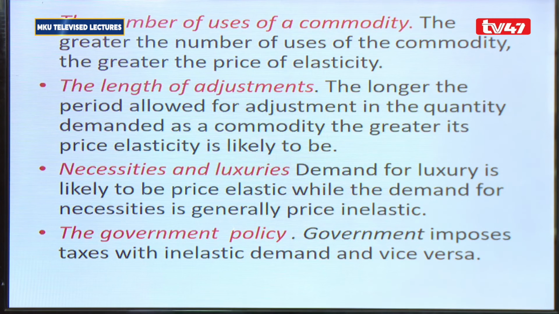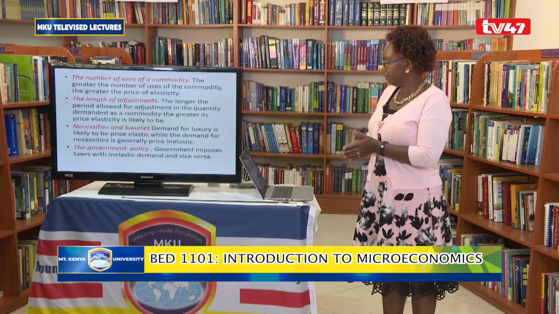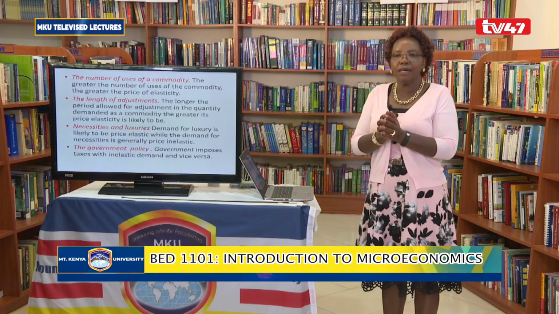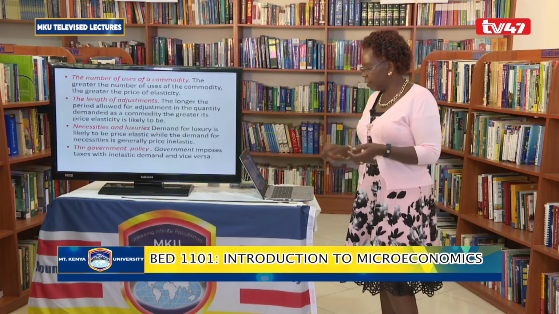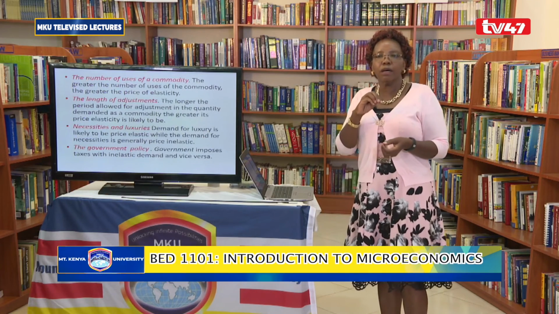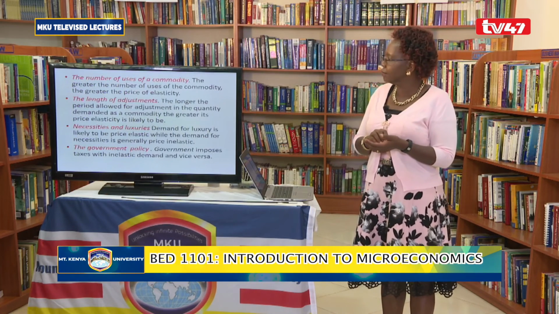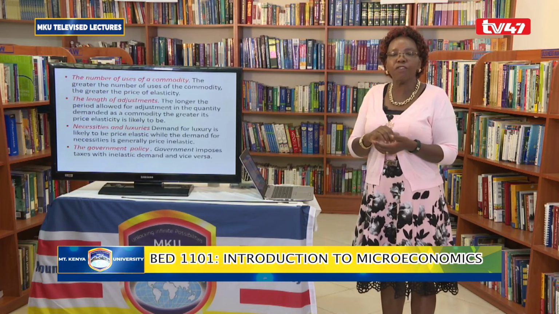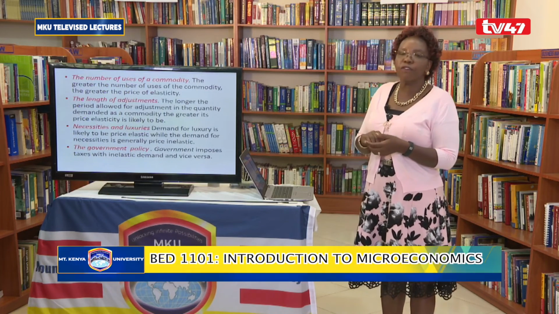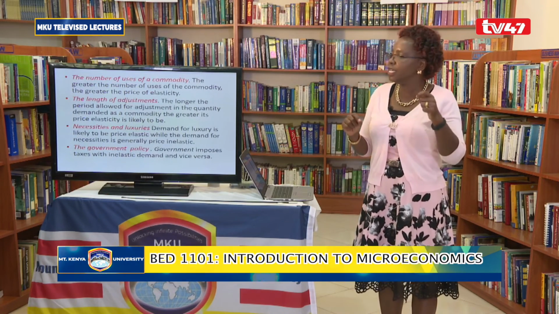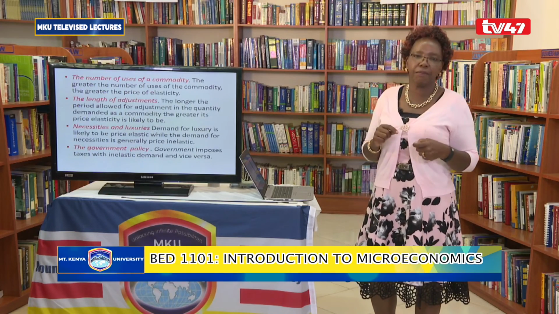Before I go back to the review questions, I want to bring in income elasticity. I said earlier, and I want to emphasize before I go to the review questions, about income elasticity. This is the degree of responsiveness of demand to change in somebody's income.